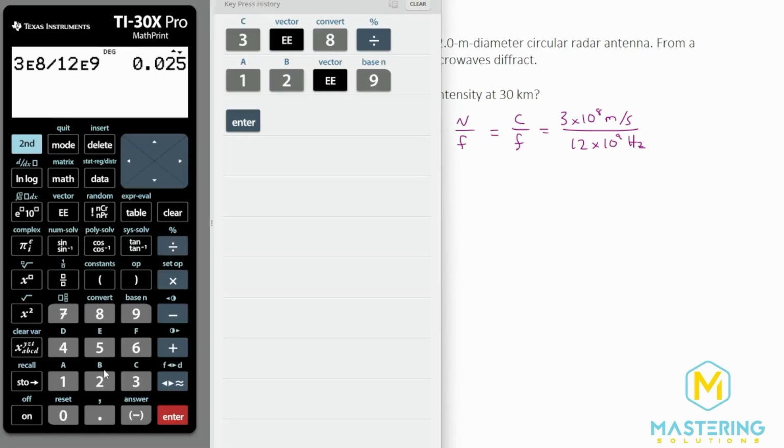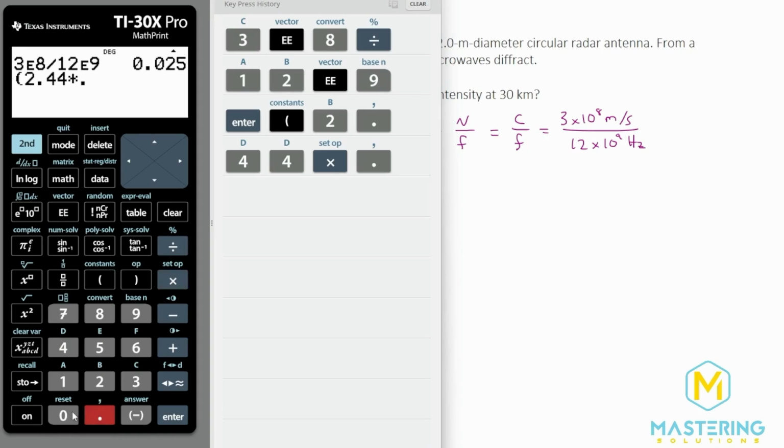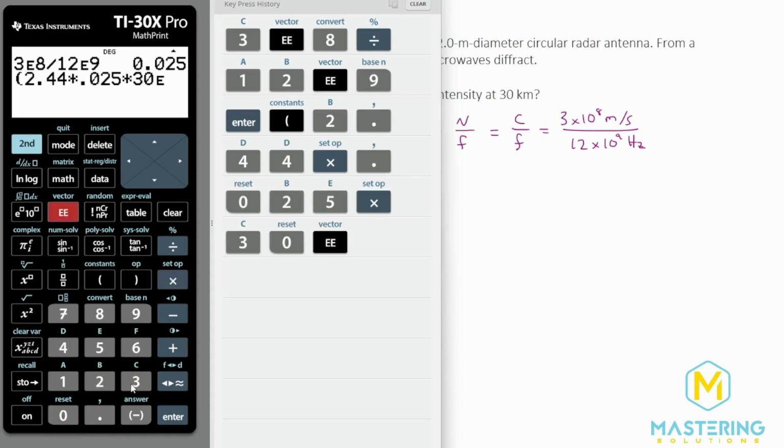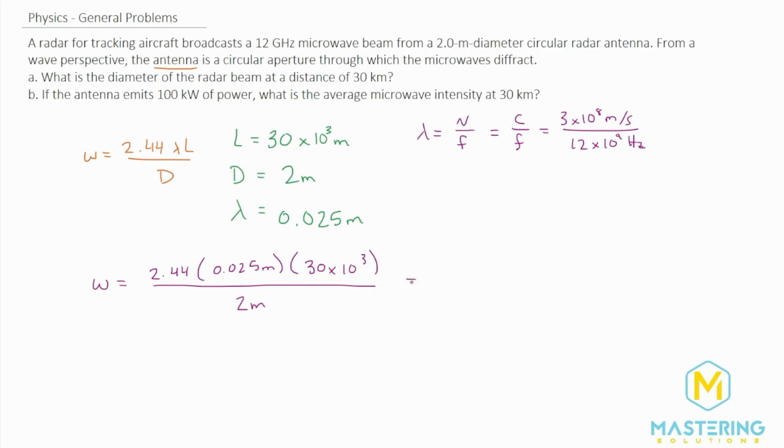Now when we go to our calculator, we have 2.44 times 0.025 meters times 30 times 10 to the 3 meters, and then that gets divided by 2 meters. So we have 915 meters. That is the width of the central maximum at 30 kilometers, or the diameter of the radar beam.